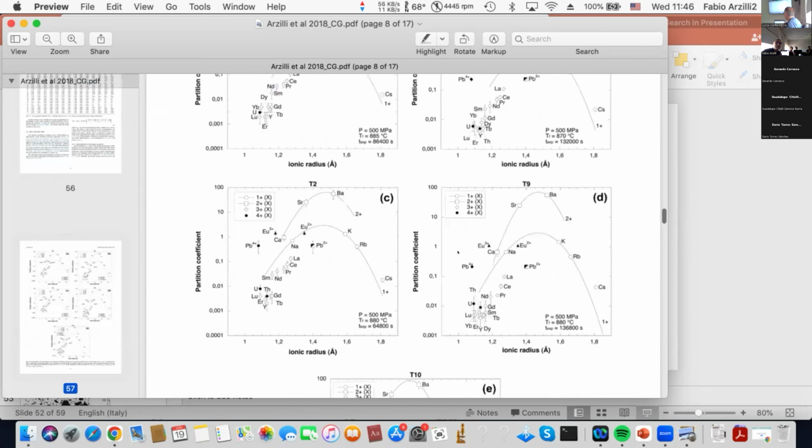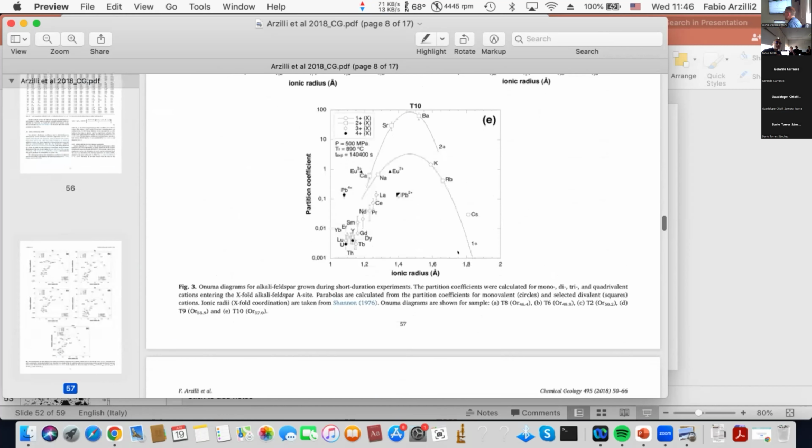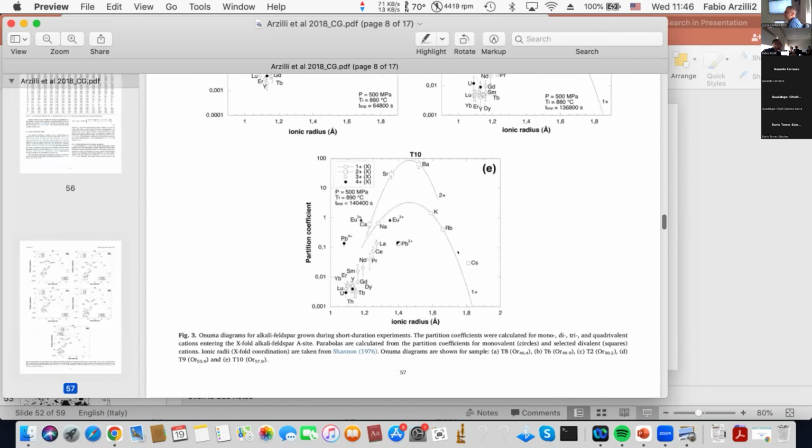What I did in this paper, at the end, was to constrain the time scale for Campi Flegrei, because you have a lot of eruptions. You have alkali feldspar of Campi Flegrei that has a layer that is barium enriched, and I was wondering why. The reason possibly is that you have a very fast perturbation, fast growth, and then it doesn't equilibrate.